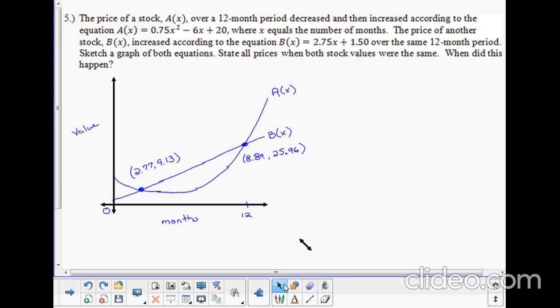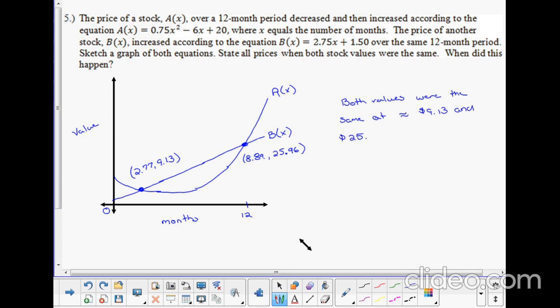So it says state all prices when both stock values were the same. So both values were the same at approximately $9.13 and $25.96.